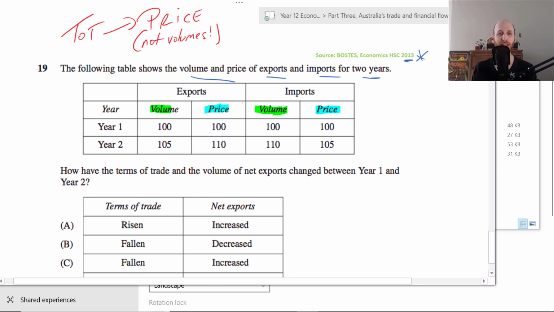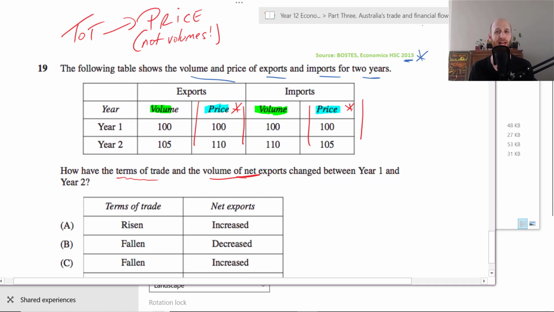So if we're looking at the terms of trade, we need to be focused on this column here. So the question then asks us, how have the terms of trade and the volume of net exports changed between year 1 and year 2?